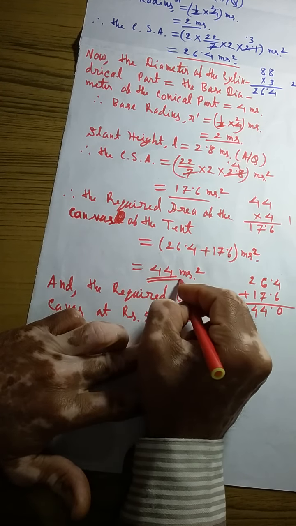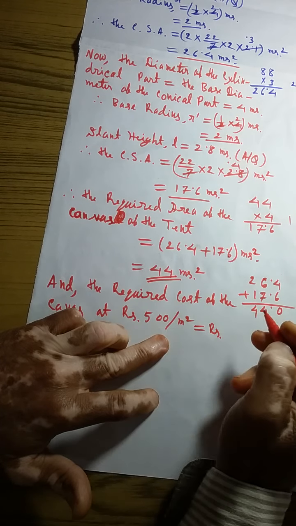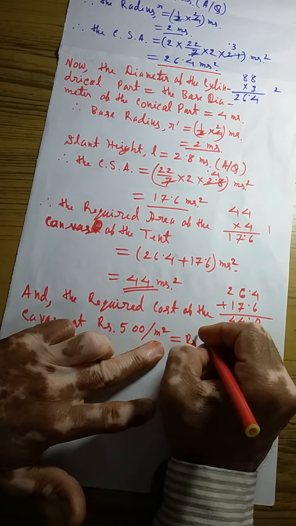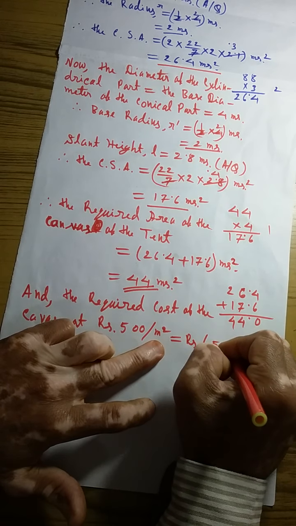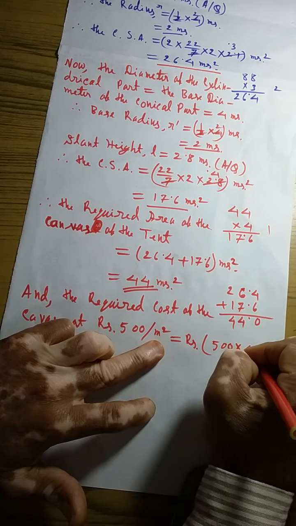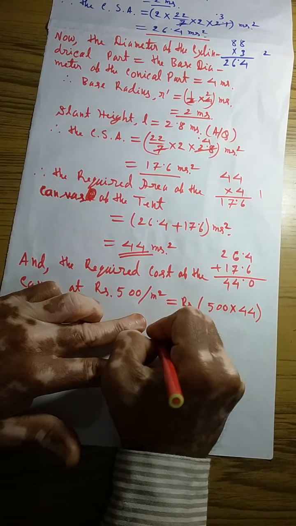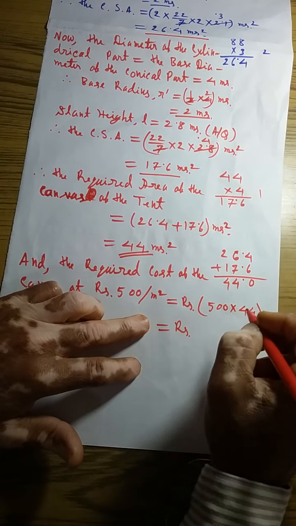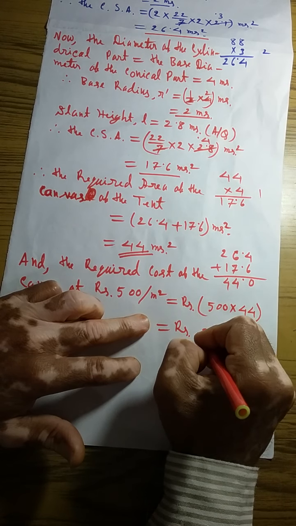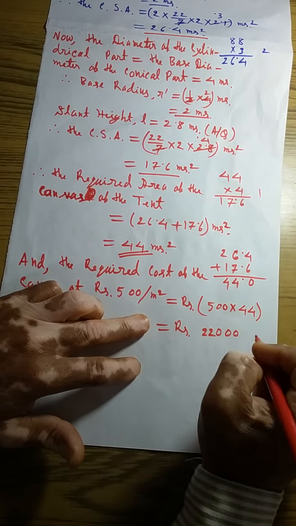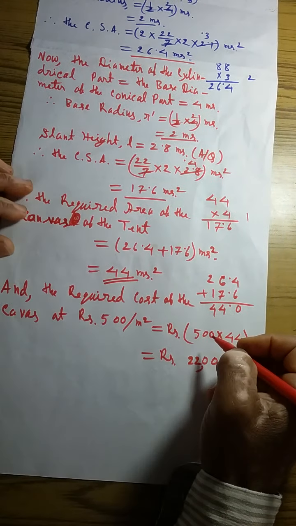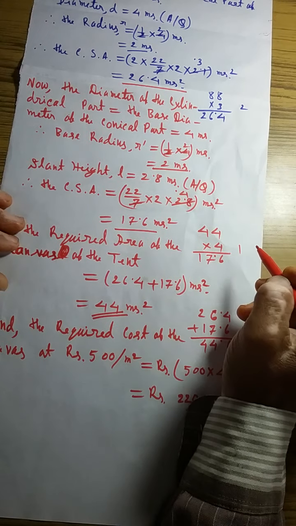Therefore, in 44 meter square, the cost of the canvas of the tent will be rupees 500 into 44, which will be equal to rupees 22,000. So these are the answers.